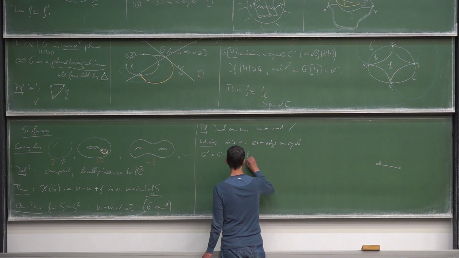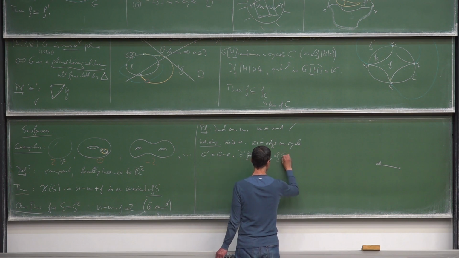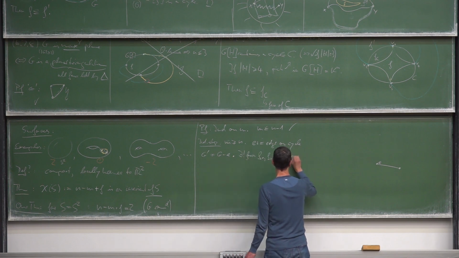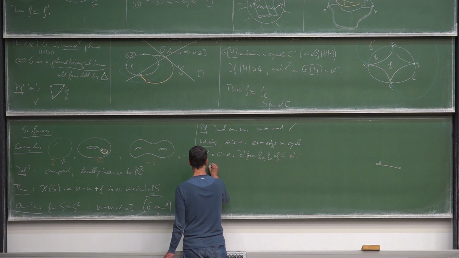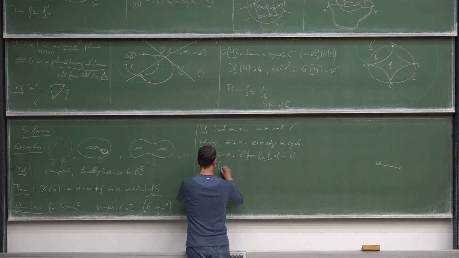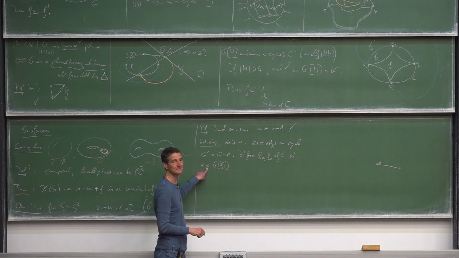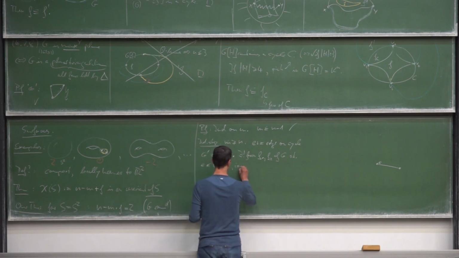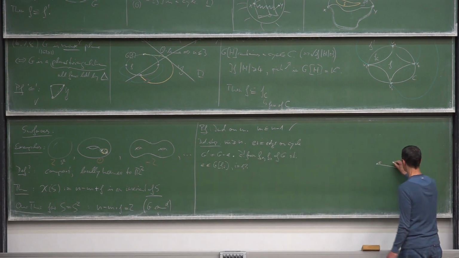There are exactly two faces, F1 and F2 of G, such that the boundary contains E. Now, I'm allowed to write E as an element of this graph, right? I write that for vertices and for edges in abstract graphs. Okay. So E is on the boundary of F1. It's also on the boundary of some F2.